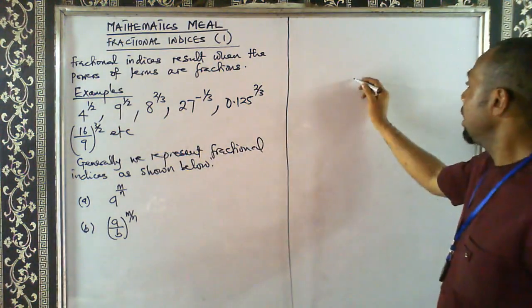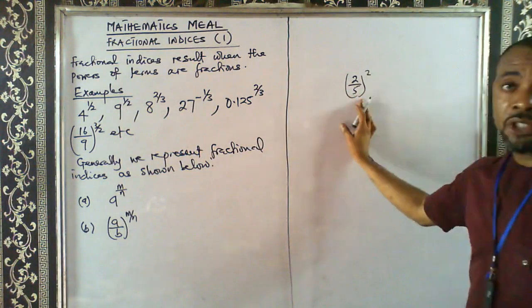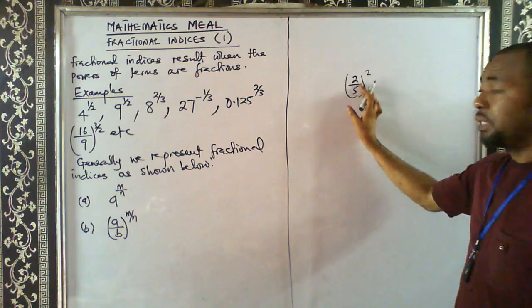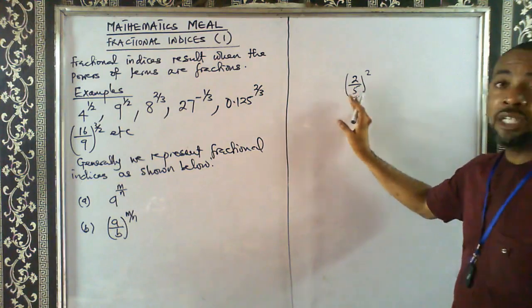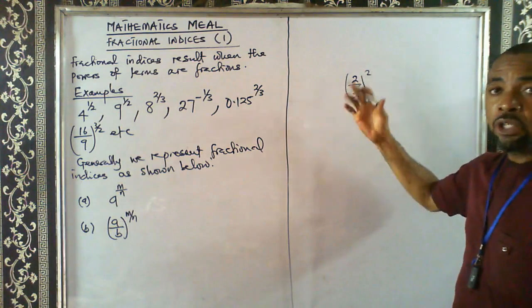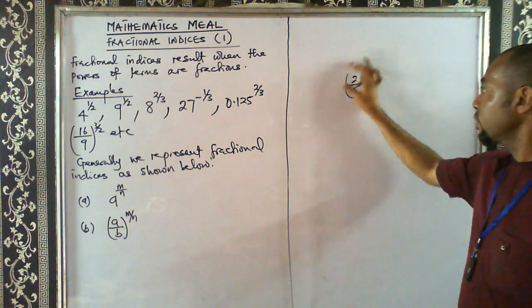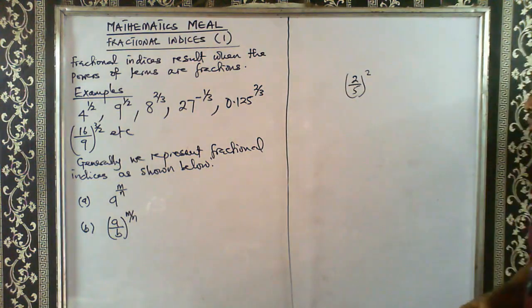If I have something like 2 over 5 raised to the power 2, this is not a fractional index, even though the base is a fraction. What makes it fractional indices is the power. The power here is a whole number, so it's not a fraction. Since it's not a fraction, this is not fractional indices.